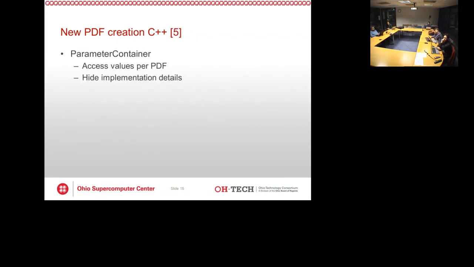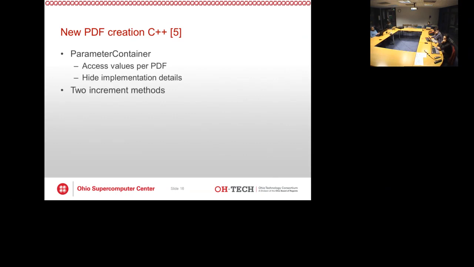Before diving into the device function, the parameter container is the access method for accessing all of these local PDF values. And this is beneficial because we can hide all of the implementation details as well. If there is going to be better performance doing something differently, the user won't have to change their code. It'll be handled underneath.